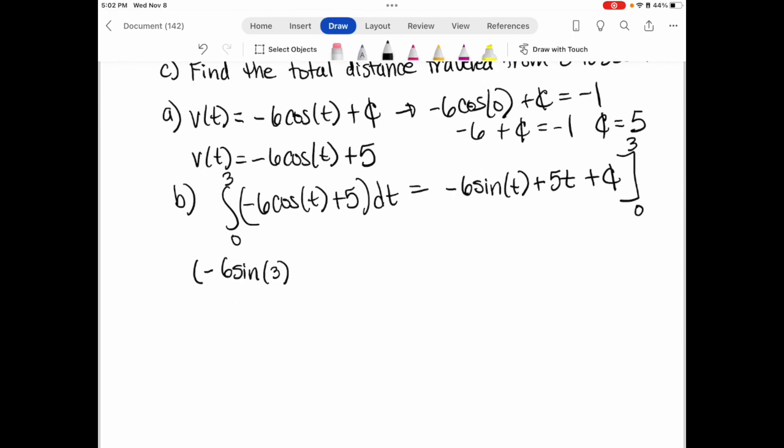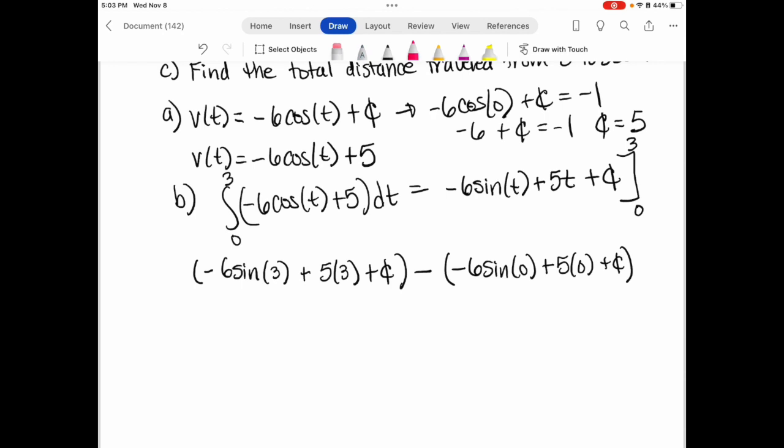Now notice there's no degree sign here, so this is going to be in radians. Plus 5 times 3 plus my constant. And I'm going to subtract what I get when I plug in 0. -6 sine of 0 plus 5 times 0 plus my constant.